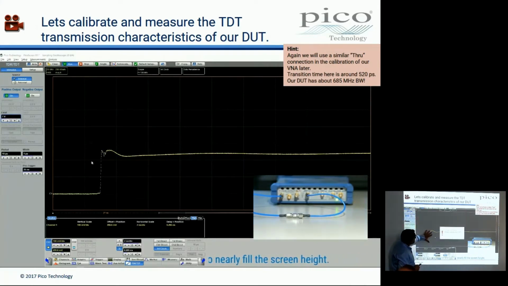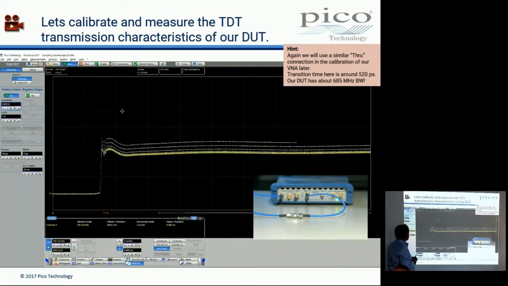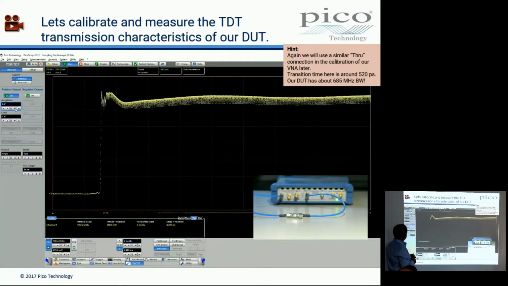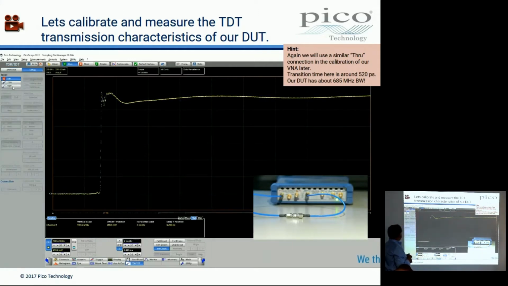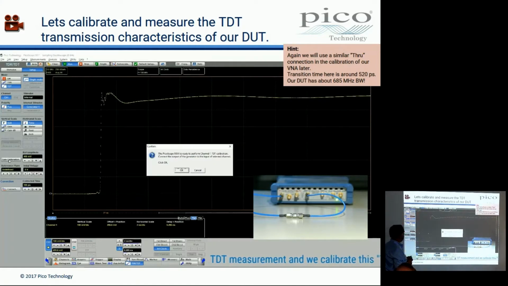And you can see it's a distorted pulse. This is all distortions of the pulse generator itself, not of the cable. And we're going to calibrate that in a minute. Set the generator up. Select TDT. Voltage, and we're going to do a gain calibration.